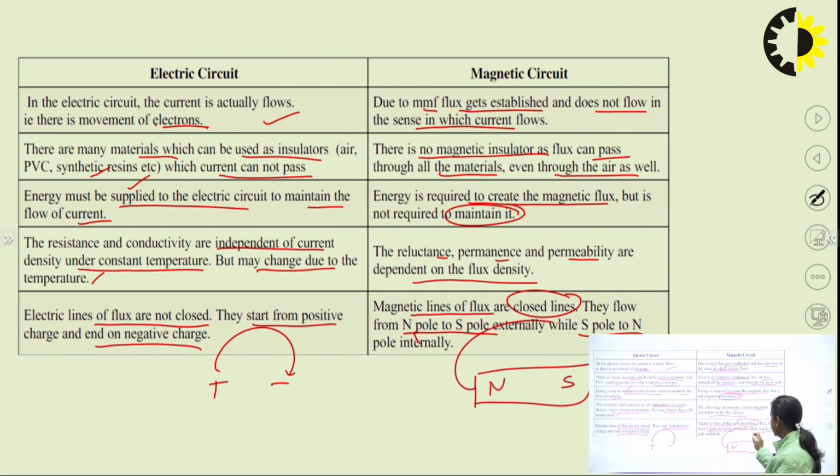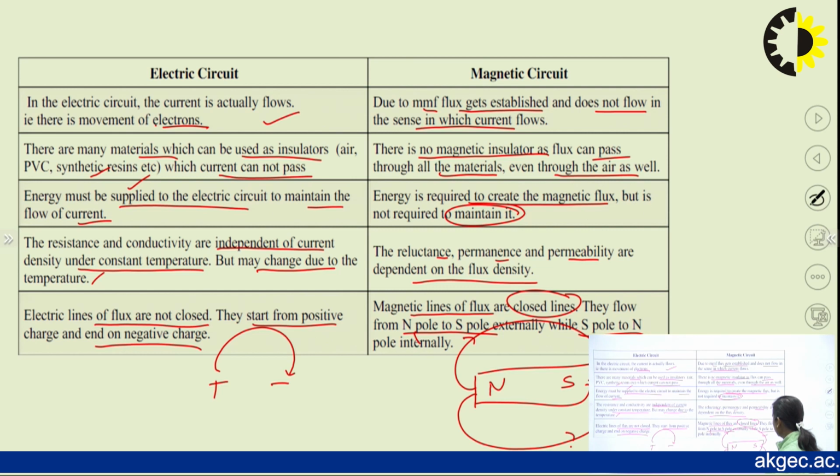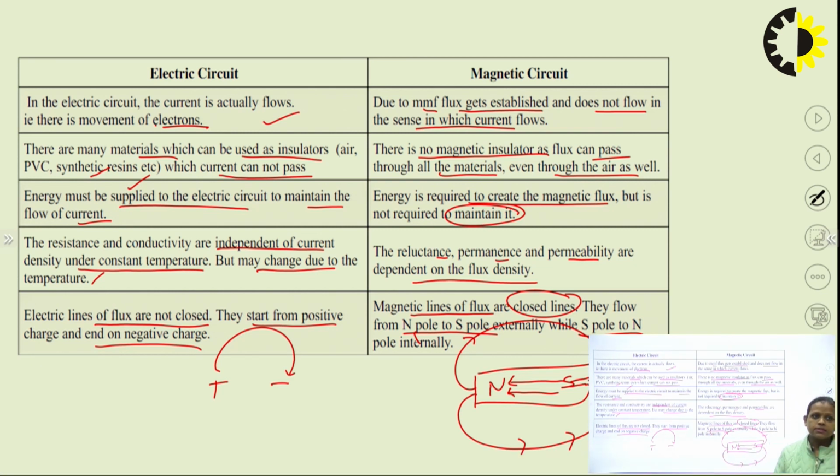Externally the magnetic lines flow from the north pole to the south pole, but internally they flow from south pole to north pole. So you can see that these flux lines are closed lines. So these are the dissimilarities between the electric and magnetic circuit.